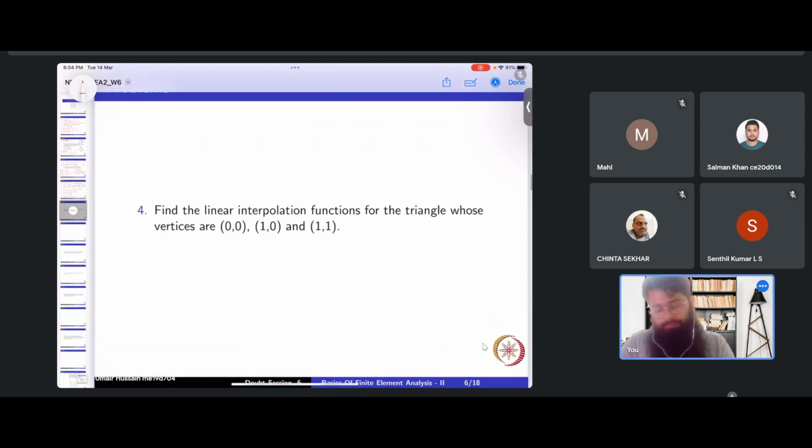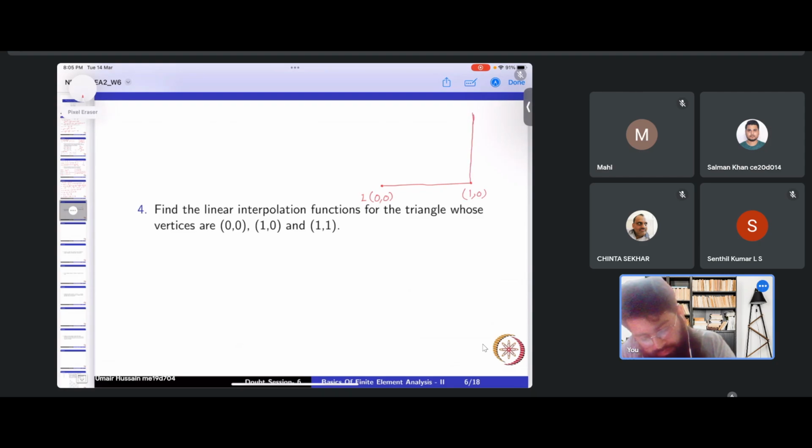Okay, so we'll do the same thing again, just for revision, for the triangular element. So we have our first node at 0, 0, a second node at 1, 0, and then the third node at 1, 1.